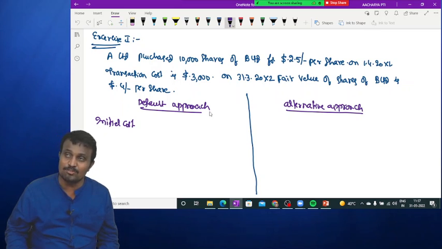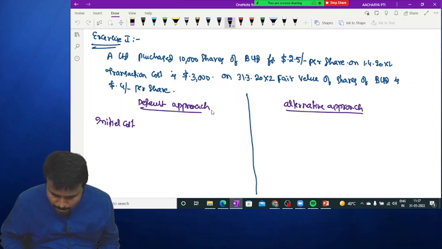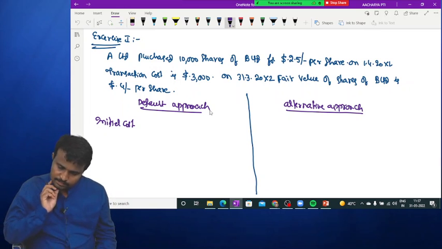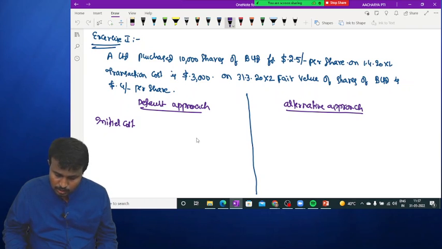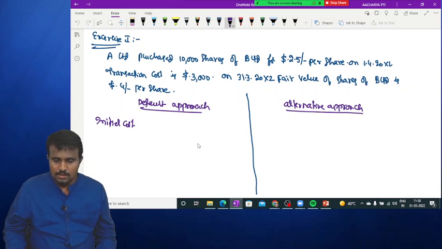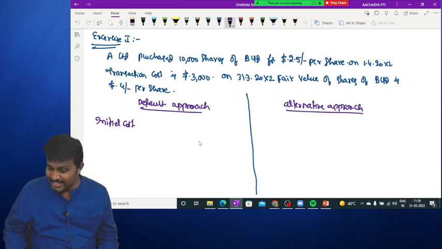Default approach indicates what? Trading purpose.